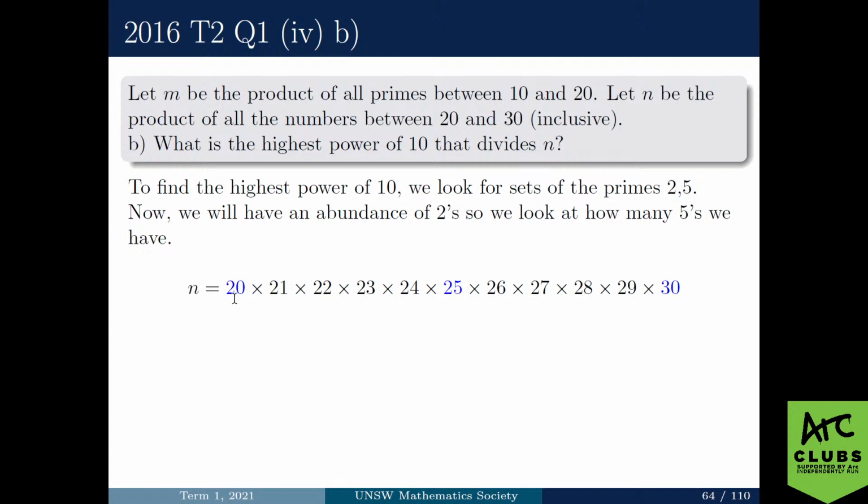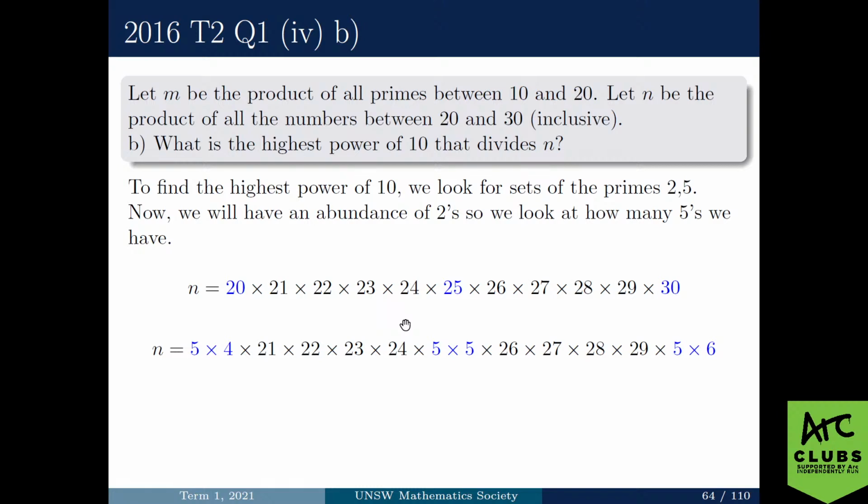And these are 20, 25, and 30, okay? And from this, we can extract primes of 5. And when we extract it, we can get this 5 here, these 2 5's, and this 5 here, just by factorizing the 5's out of these blue numbers.